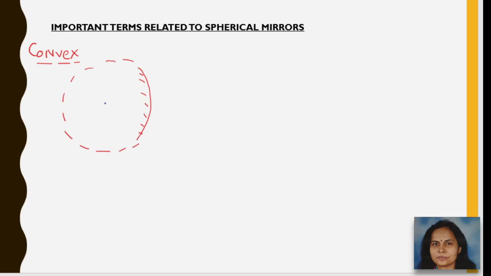So let's discuss all those terms here also. C is the center of the hollow sphere of which the spherical mirror is a part. So C here is the center of curvature. Now as you can see, there is a difference between the center of curvature for concave and convex mirrors. In case of concave mirror, it was in front of the reflecting surface.